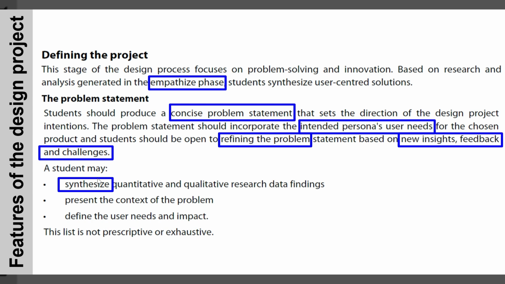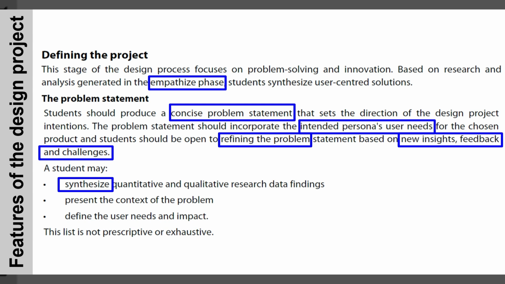Now, I've highlighted the word synthesis here because you shouldn't be creating new research here. That should be done in criterion A. Now, you can come up with something, but that should ideally be done in criterion A. So, for example, to give an example for synthesize, if you were doing an interview, rather than listing out the questions and the interviews on the page, you don't necessarily get marks for that.